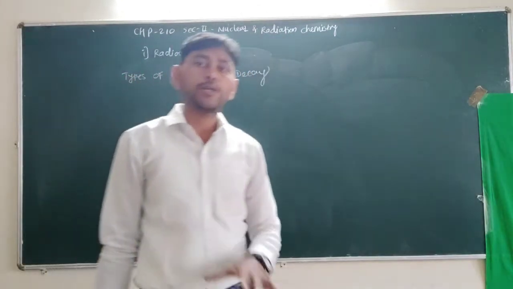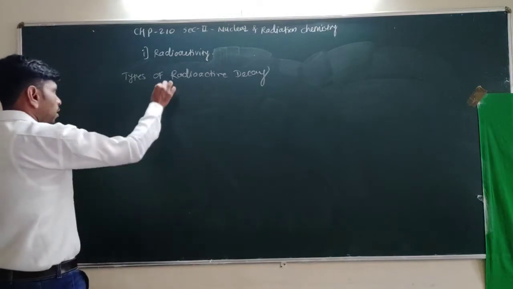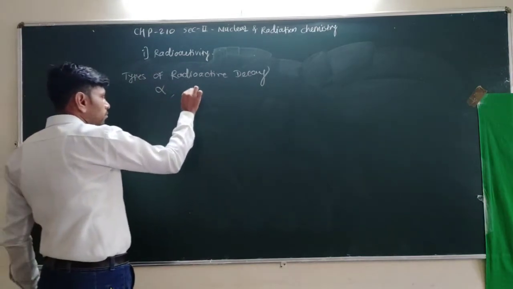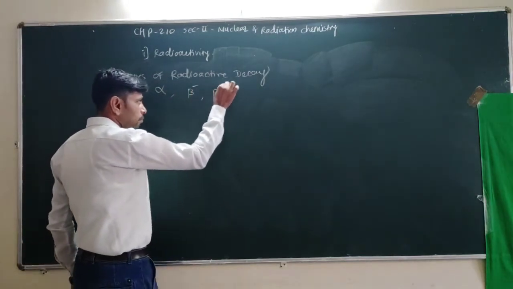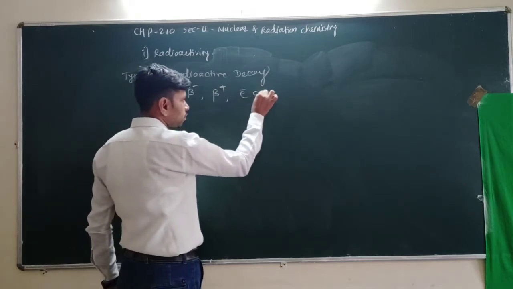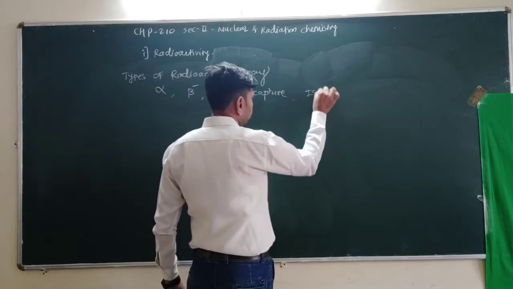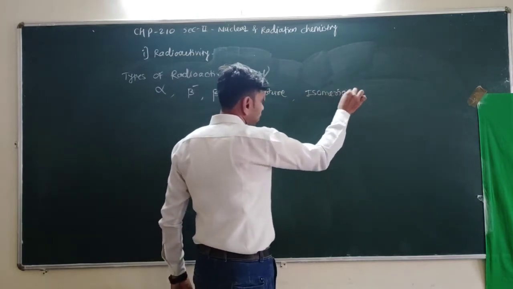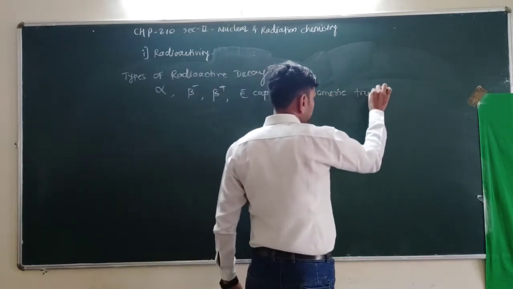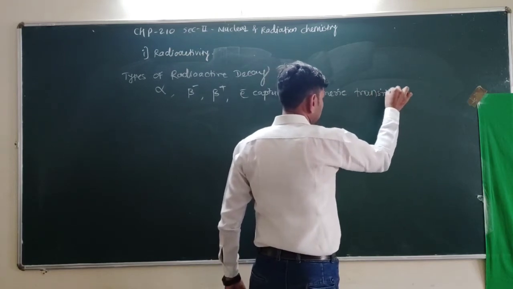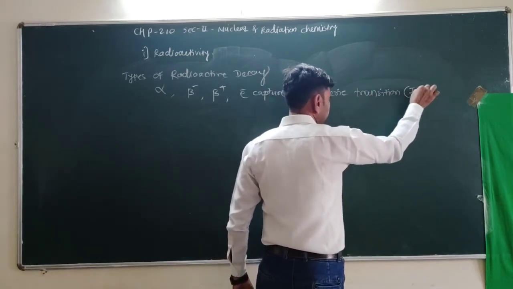Mainly there are 5 types of radioactive decay: alpha decay, beta minus decay, beta plus decay, electron capture, and isomeric transition. So these are the 5 main types of radioactive decay.